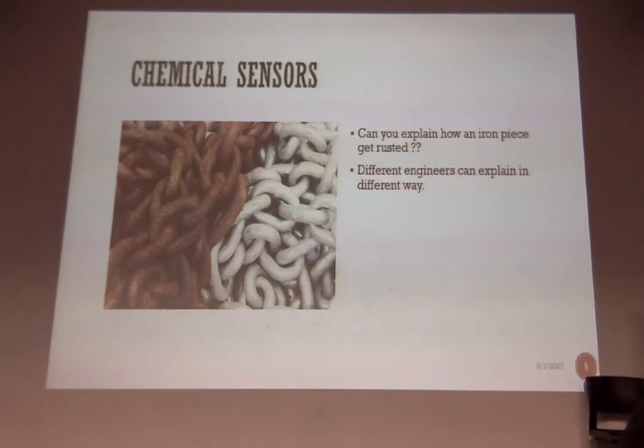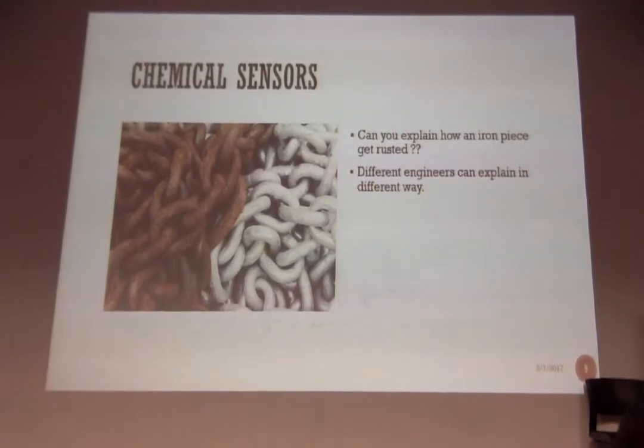A mild brownish layer. Okay, the iron slightly started rusting. I come after 10 years. What will happen? Yeah, the rusting level, there could be more rust. Yeah, the rusting level might have increased. Okay, can anyone on this side explain how rusting happens?